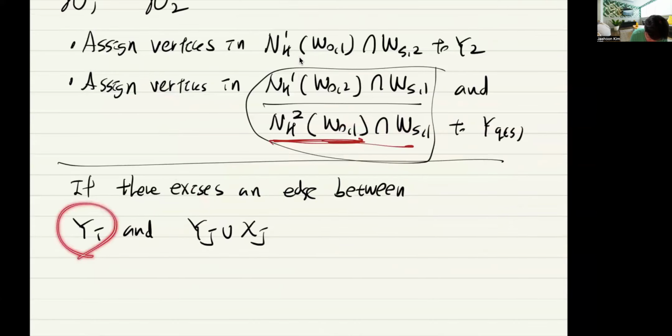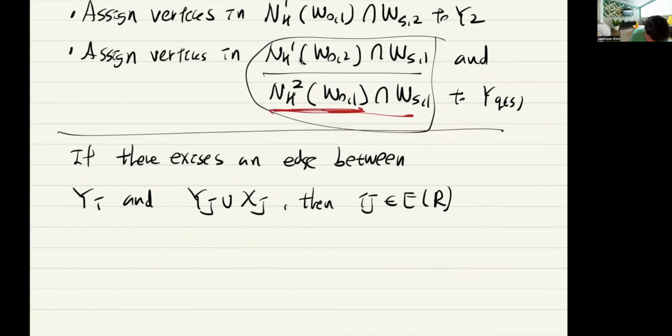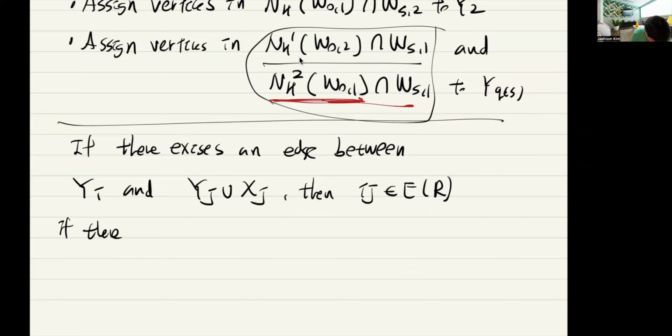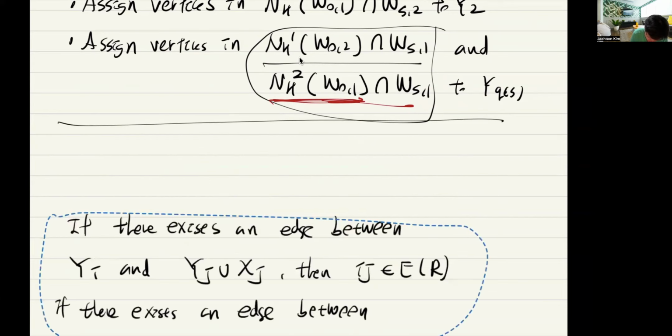So between y_i and some other thing, then this ij is in R, and if there exists an edge between, yeah, I didn't say what's in X.